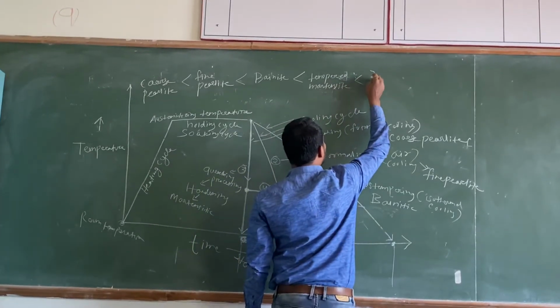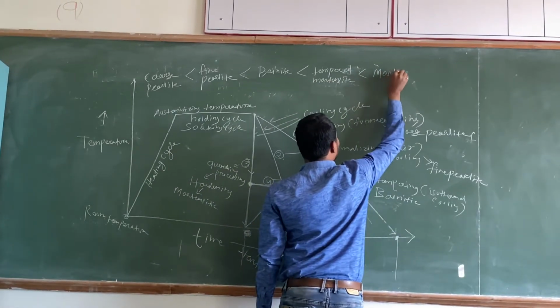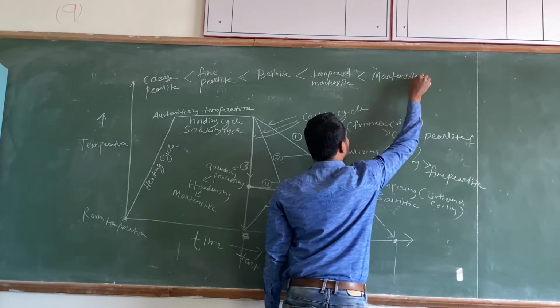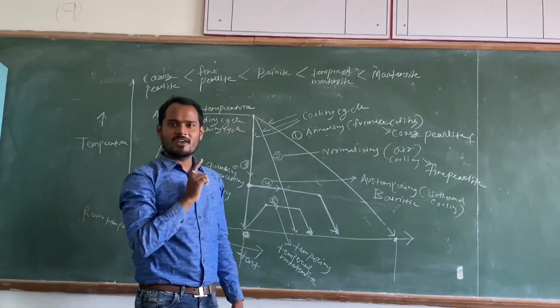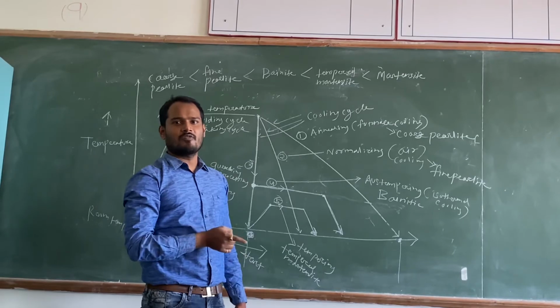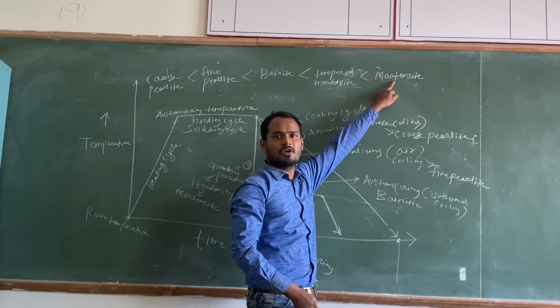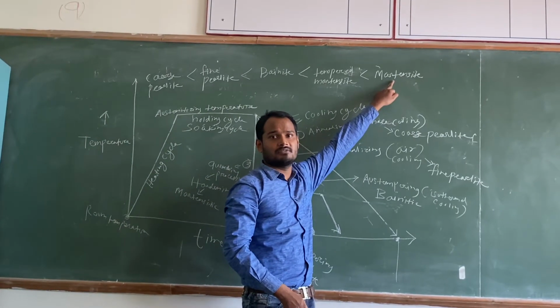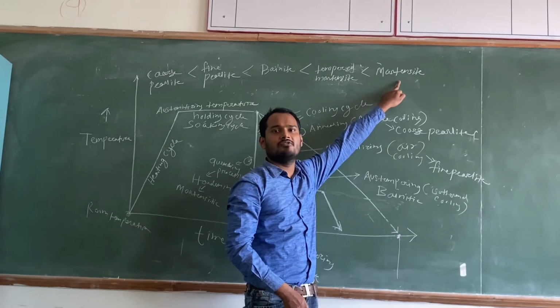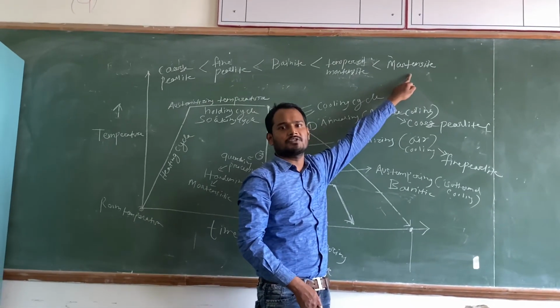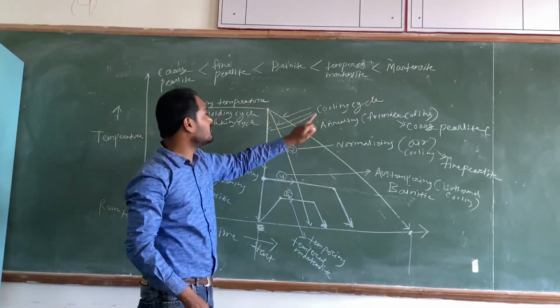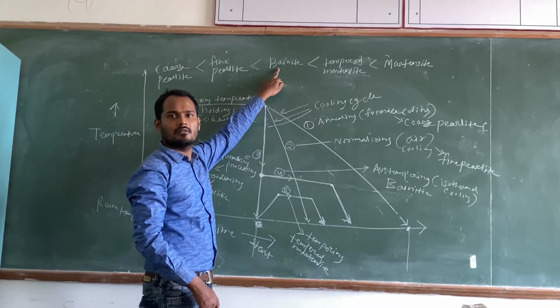Then comes your martensite. Martensite in steel is a very hard phase, very strong phase. Maximum tensile strength you can obtain if you have a martensitic microstructure. Maximum hardness you can obtain if the steel contains martensitic microstructure. So if you want maximum toughness, go for bainite.